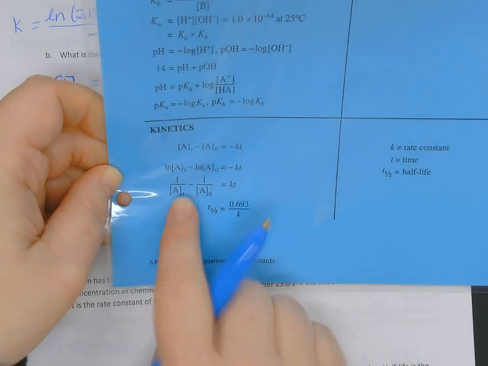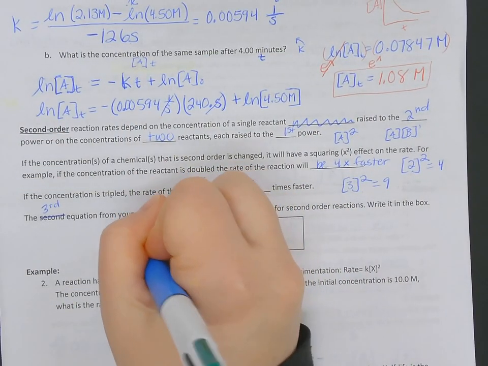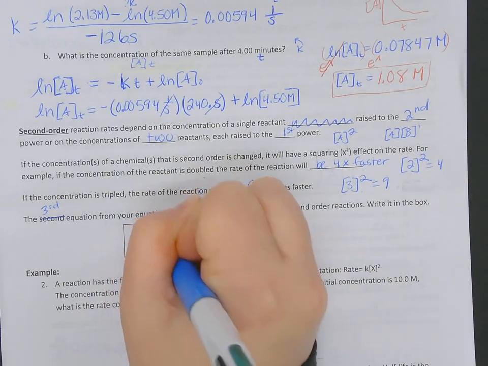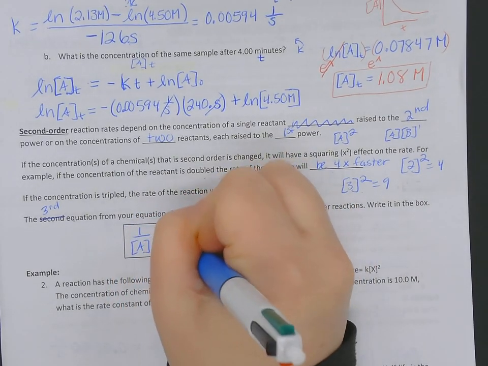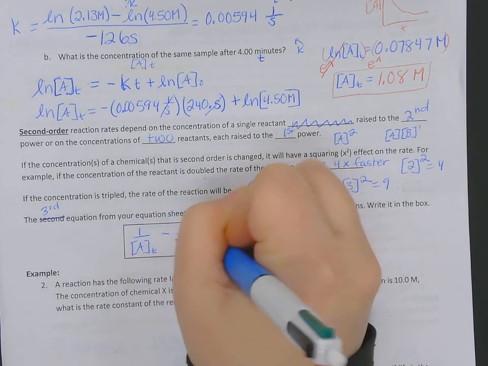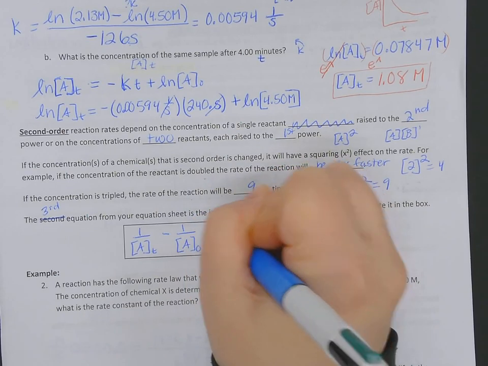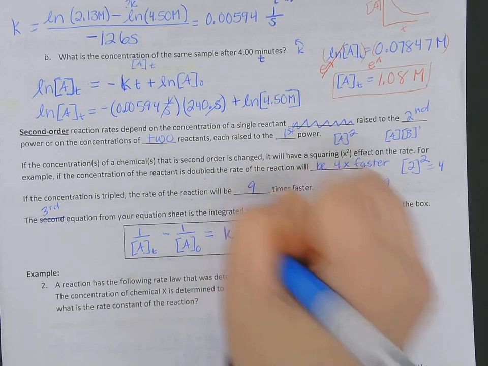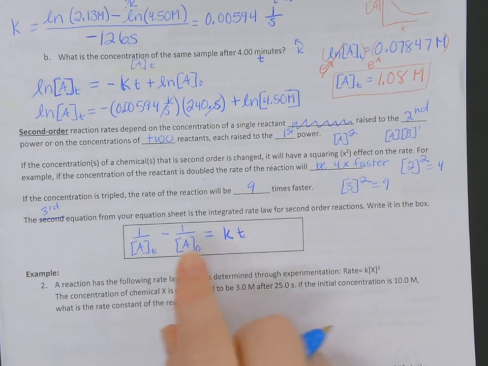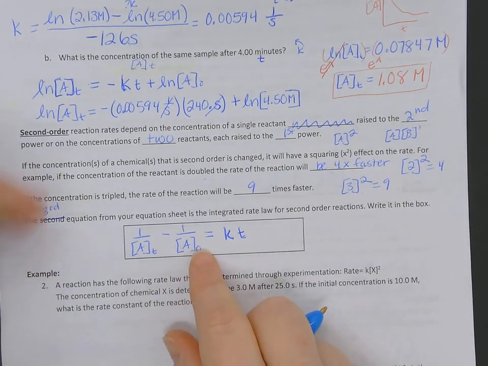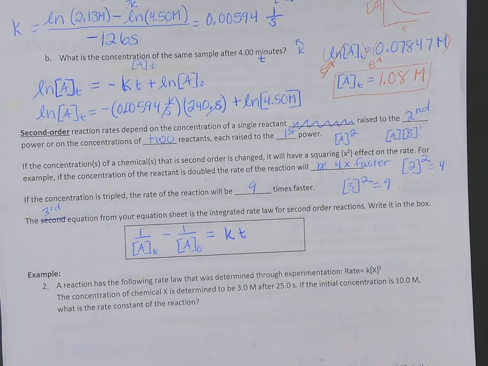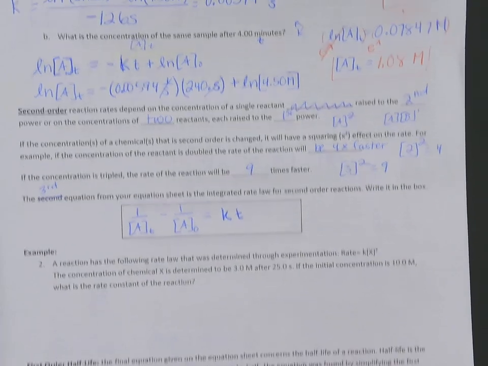Second order is 1 over the concentration of At minus 1 over the concentration of A0 equals kt. So this one is not negative kt. It's different there. So again, to find this equation, they took our first order equation, did some calculus, popped this one out. Now we can use this one. This is second order.